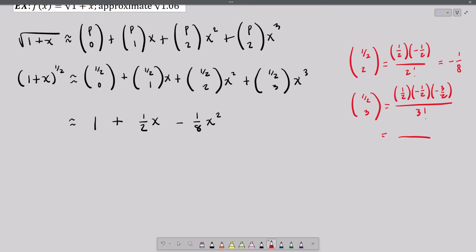Let's just multiply out the numerator. So we're going to have 3 divided by 8 is the numerator. Denominator is going to be 6. And so we can treat this as 3 over 8 multiplied by 1 over 6. And that is going to reduce to 1/16. And that will be this coefficient.